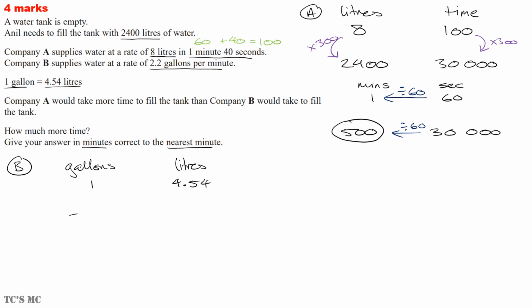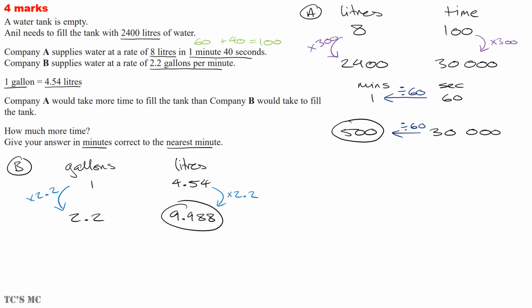We are converting 2.2 gallons. If we go down, we need to multiply by 2.2. Do the same on this side. We get 9.988. For now converting this to litres, we have a second mark.